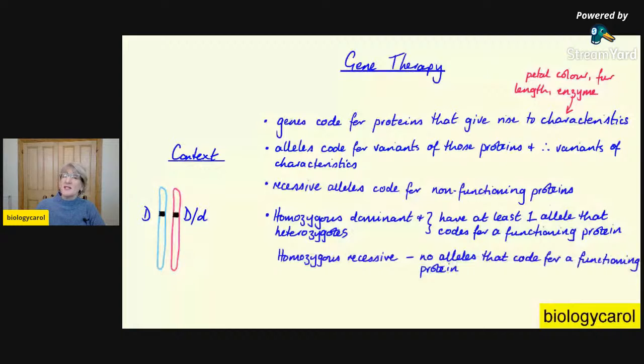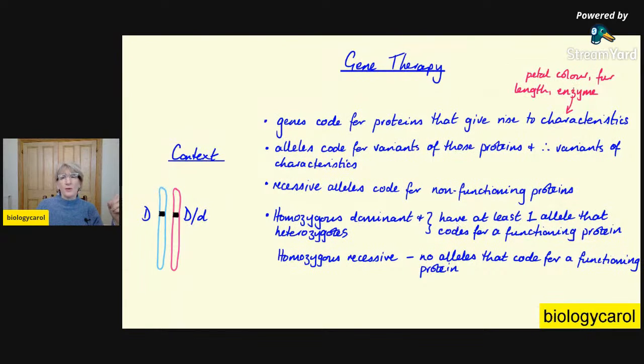Whereas if somebody is a homozygous recessive individual, that means a non-functioning protein is being made. And therefore, that brings about a different variant of the characteristic, often that nothing is happening.